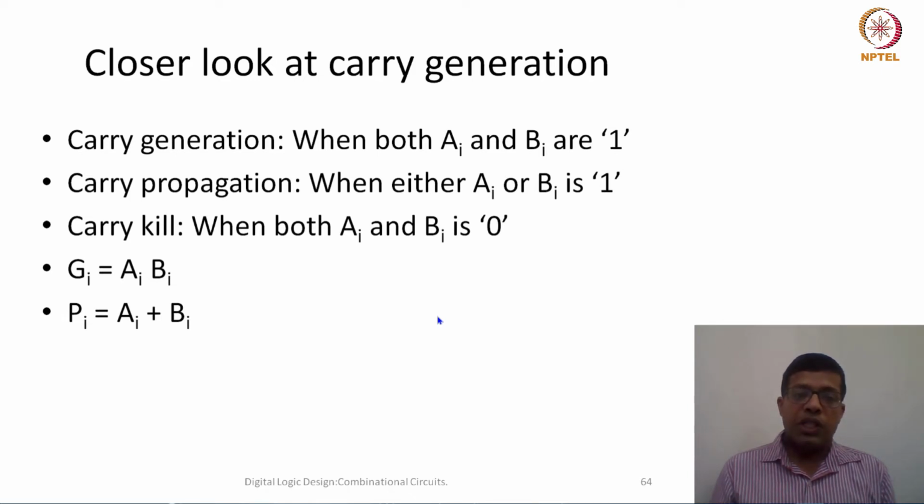Then you will ask me that we have said here that propagation would be there when either of them is 1, so essentially Pi should be equal to Ai XOR Bi. That means when only one of Ai or Bi is 1, propagation is true. So why are we writing this? Yeah, that's a valid question.